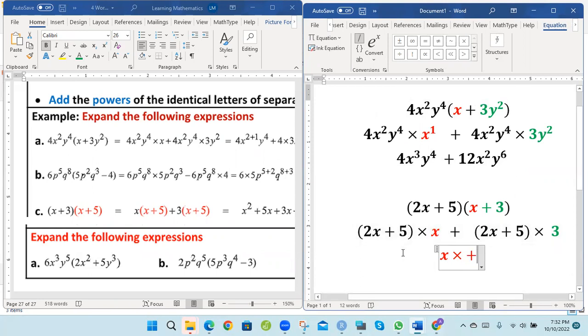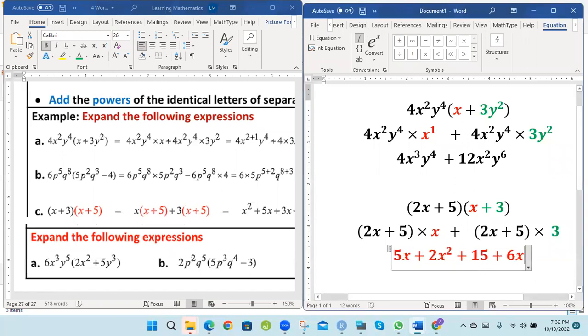X times 2x will give us 2x raised to the power of 2. All right, x times 5 is 5x. X times 2x is 2x squared. And here we're going to have 3 times 5. 3 times 5 is 15. And 3 times 2x is 6x.